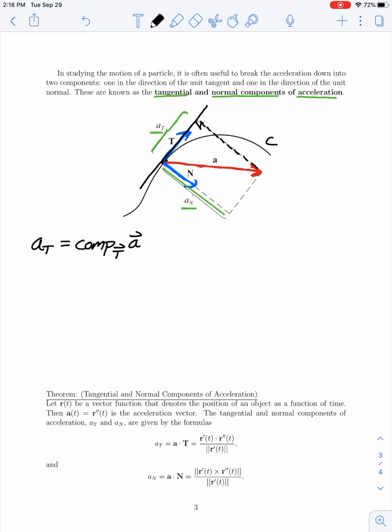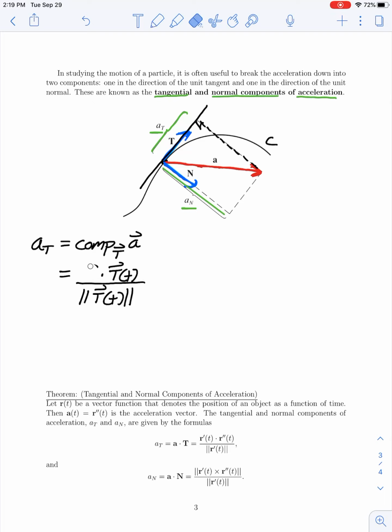Now in our chapter 2 material, we had derived a formula for this scalar projection of one vector onto another. So here this would be defined as the dot product of a and t, that is my acceleration vector and the unit tangent vector, divided by the magnitude of the unit tangent vector. So let me maybe write these as functions of t to distinguish.